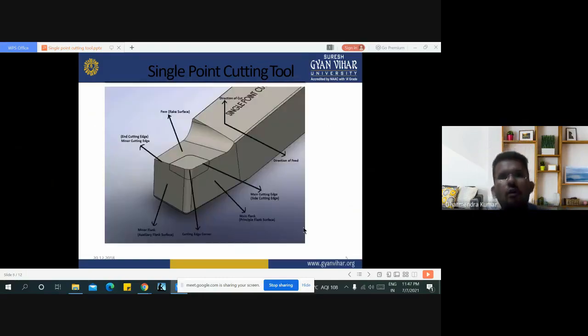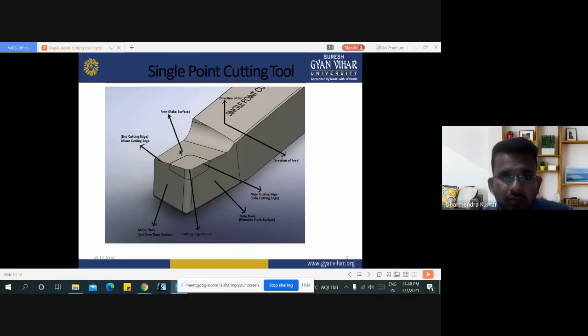This is the overall geometry of a single point cutting tool. This overall part is called the face. Here you can see the cutting edge corner or nose radius. Here is the end cutting edge. Here is known as the side cutting edge. This is known as the flank, main flank or principal flank. This is known as the minor flank, just below the minor cutting edge or end cutting edge.